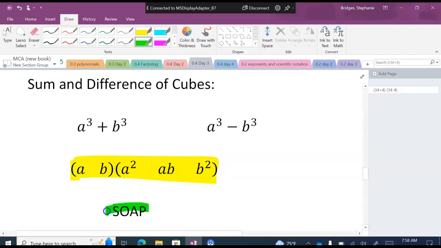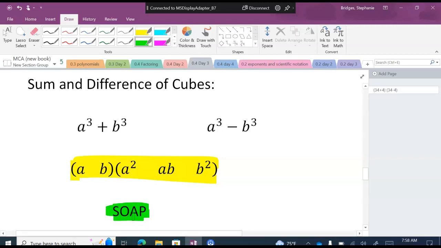We are also going to use this word to help us with our signs. Again, it's a sum of cubes and a difference of cubes. Two perfect cubes, either added or subtracted, can be factored. You just have to memorize that little pattern that I highlighted in yellow.